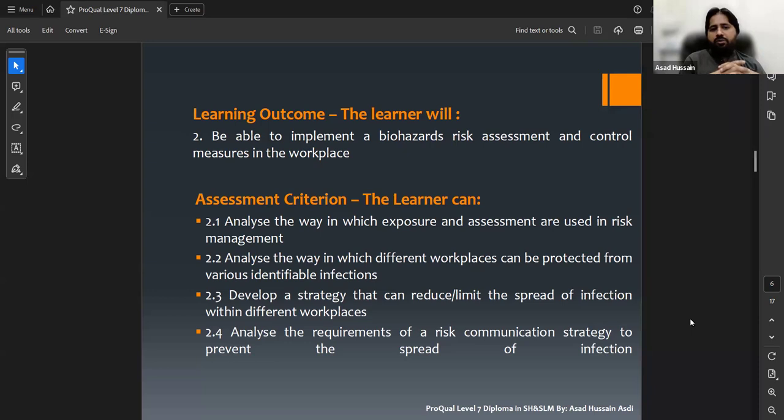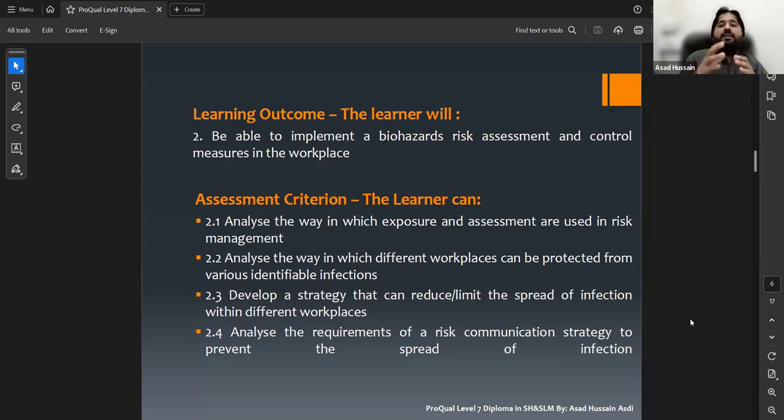So what different ways do you have in your organization? You have to explain each and everything with regard to your organization, how different workplaces can be protected from various identifiable infections.